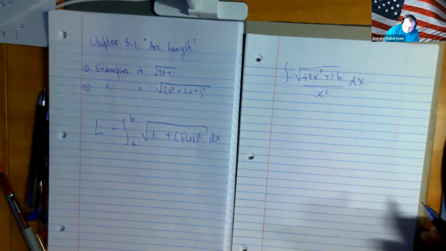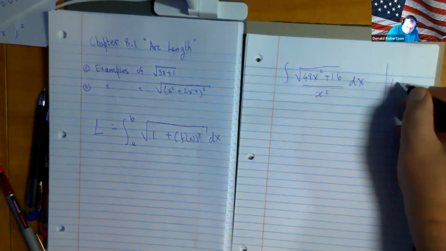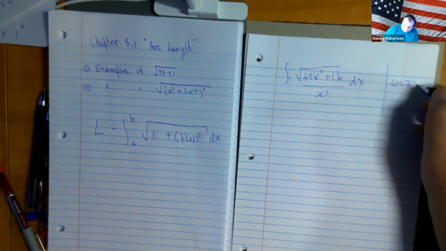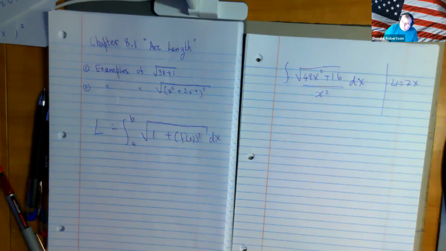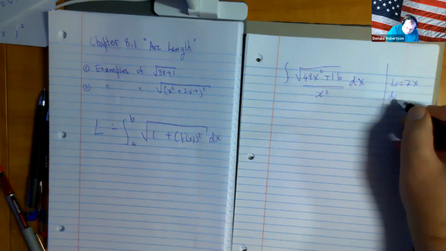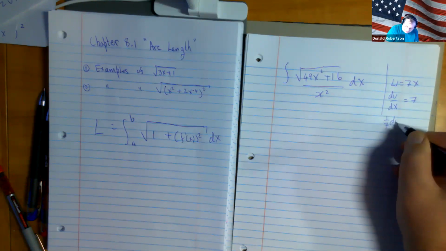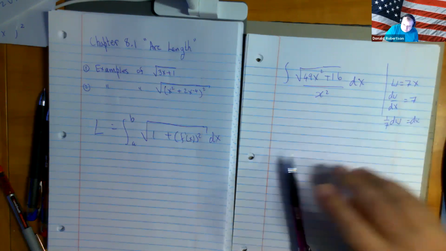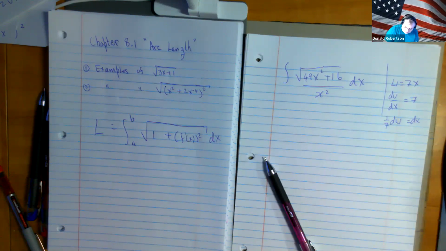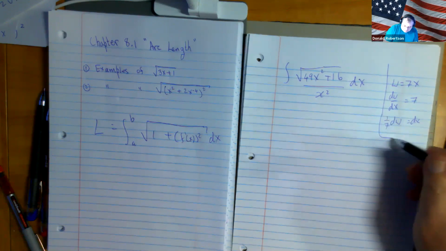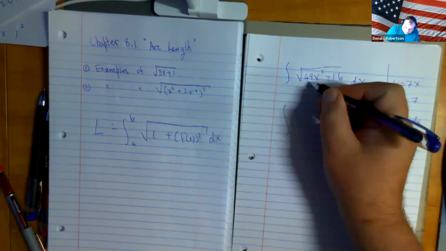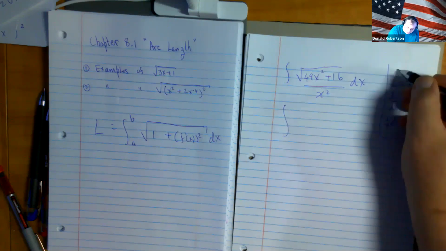Okay, let's show you how you do that. You have to do a U sub. And the U sub you're going to do is u equals 7x. So du by dx is going to be 7. So eventually 1/7 du gets you dx. So far so good, right? Now 49x squared is basically just u squared.